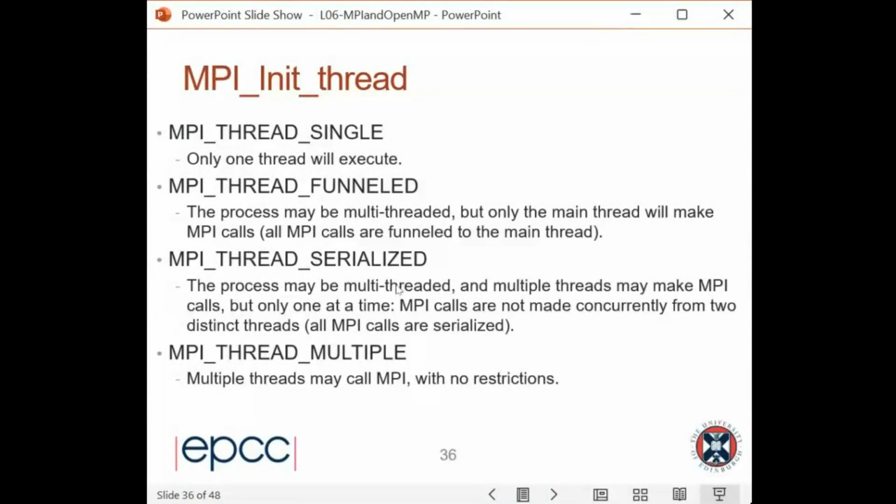Then there's MPI_THREAD_FUNNELED, which says the process may be multi-threaded, but only the main thread will make MPI calls. All MPI calls are funneled to the main thread. MPI_THREAD_SERIALIZED says the process may be multi-threaded, and you may have multiple MPI calls, but you, the programmer, are guaranteeing that there are never clashes. MPI calls are not made concurrently from two distinct threads. And MPI_THREAD_MULTIPLE says that there are no restrictions.